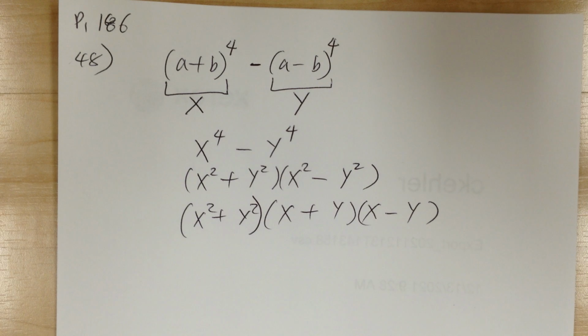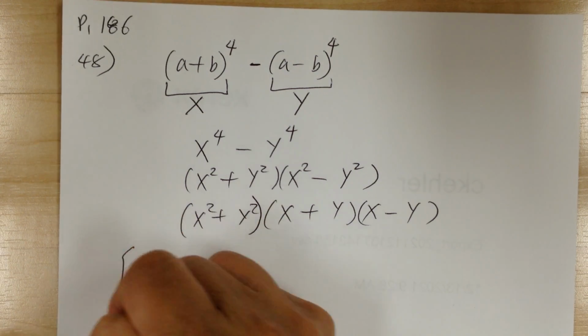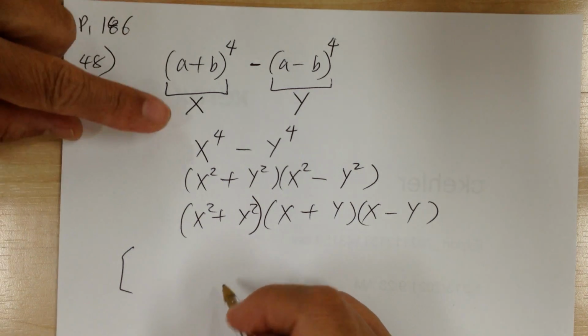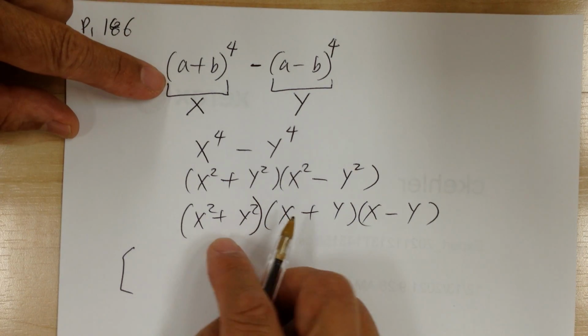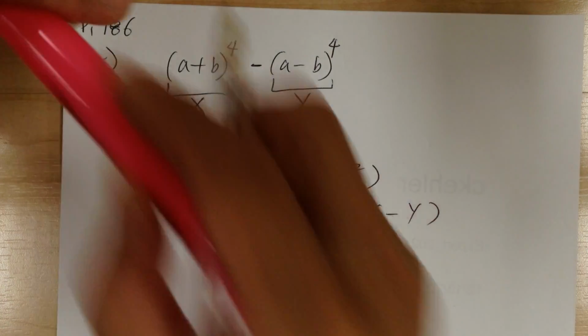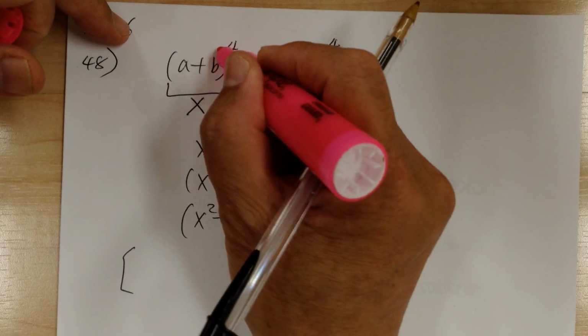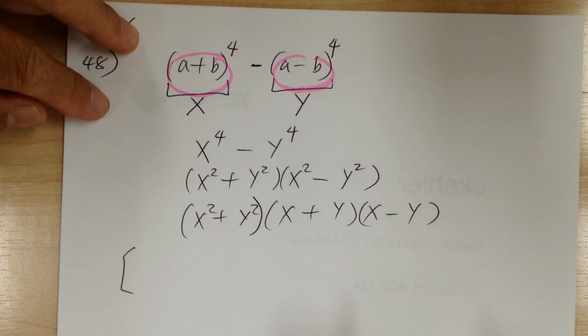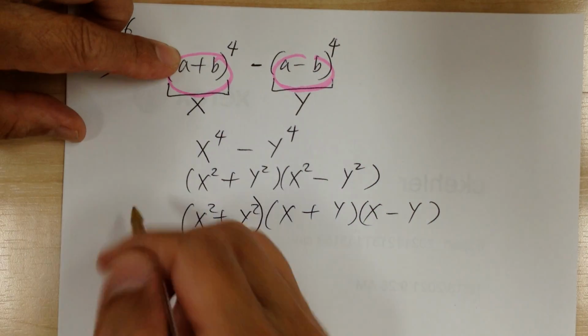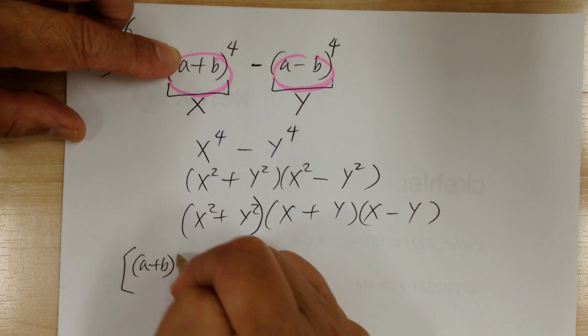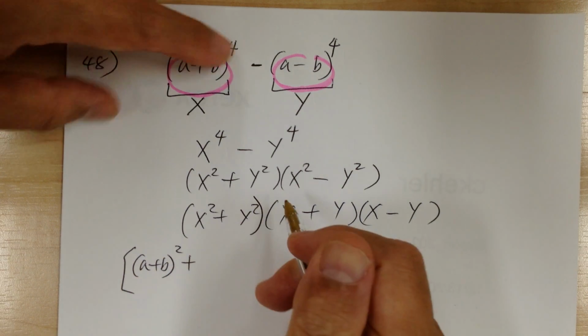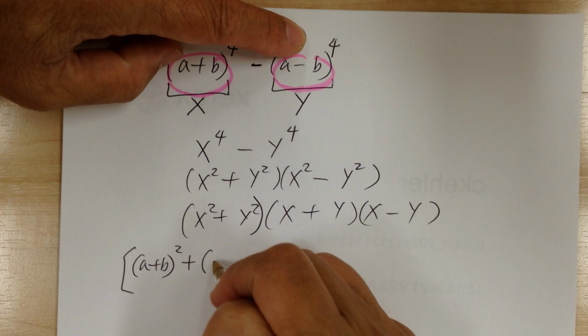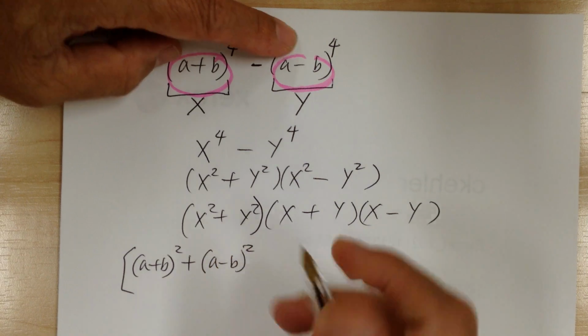So once you're done with factoring, now you can put everything back. When you substitute, you again put in parentheses. This part right over here is the x and that's the y. So x is a plus b. So (a plus b) squared plus the y squared, so it would be (a minus b) squared.